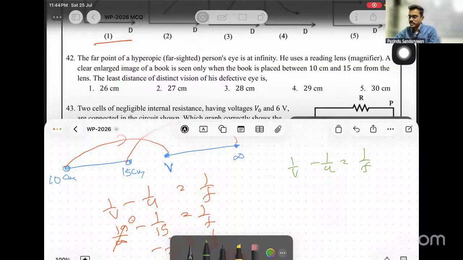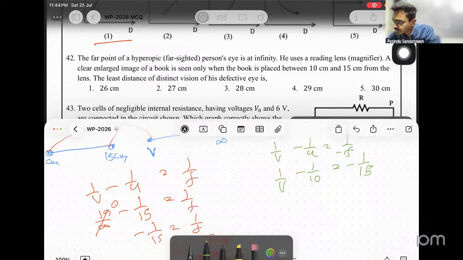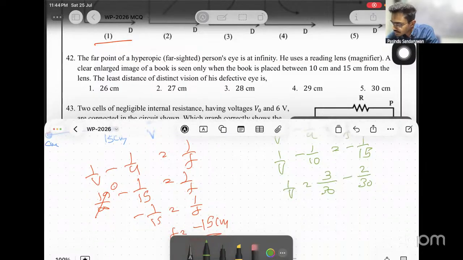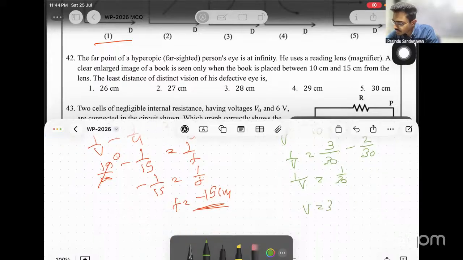Objects at 10 should be imaged at V in order to be seen. Then 1/v minus 1/(-10) equals 1/15, as the lens is convex. Then 1/v equals 3/30 minus 2/30, so 1/v equals 1/30. V equals 30, which means the near point of this person is at 30.